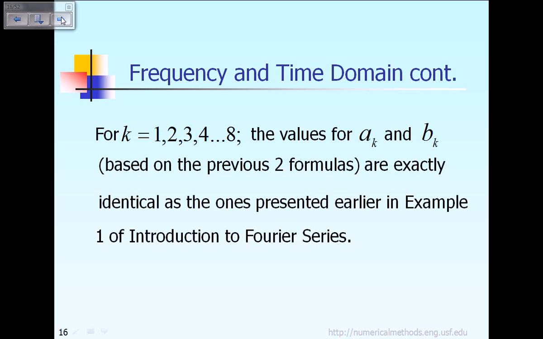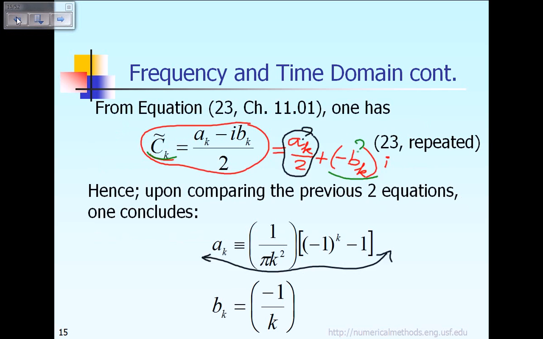Now, if you let the index k go from 1 or 2 up to 8, then we can calculate a sub 1, a sub 2, up to a sub 8. The same thing we can do for b sub 1, b sub 2, up to b sub 8. Okay, this is the value of k.